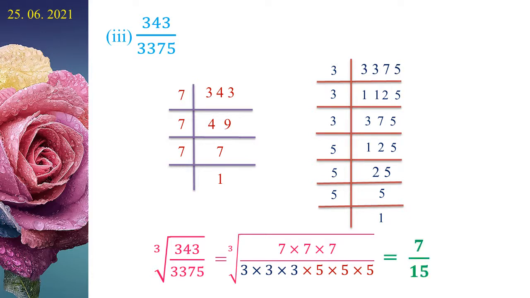Then take one factor from each triple. So 7 by 15. The cube root of 343 by 3375 equals 7 by 15.